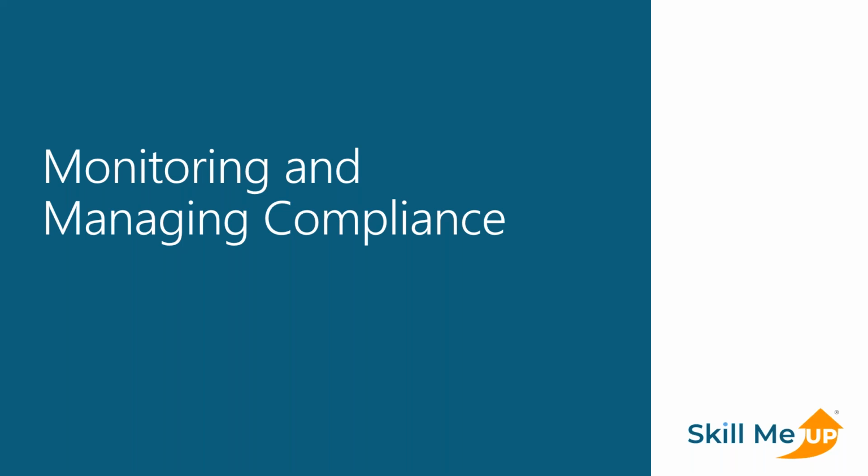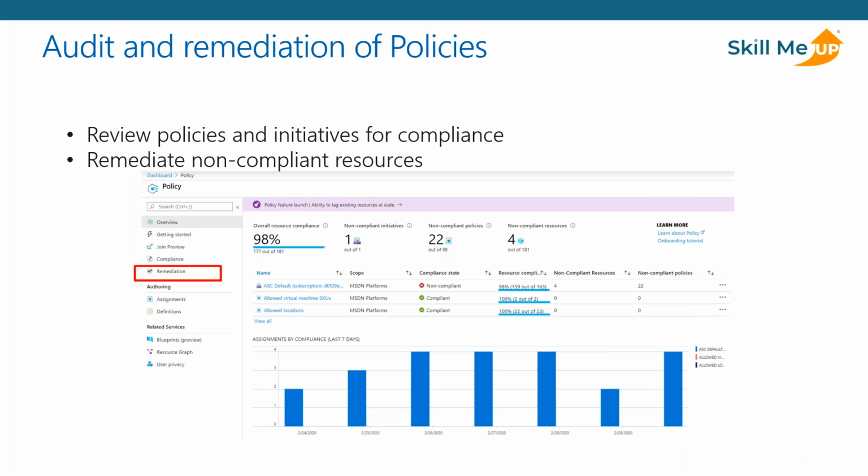So what do we do then to monitor and manage compliance? We've talked a lot about the services and getting all of that into place, but where do we take that from there? What we look at here is how, within Azure Policy, we govern and audit the existing resources and how they're compliant.